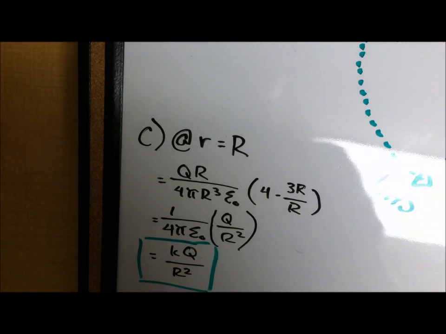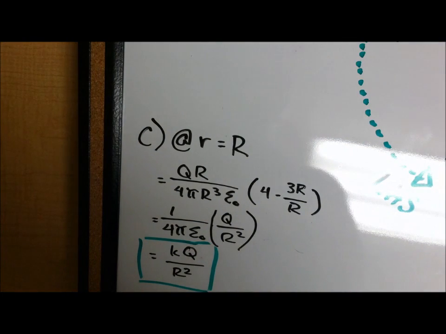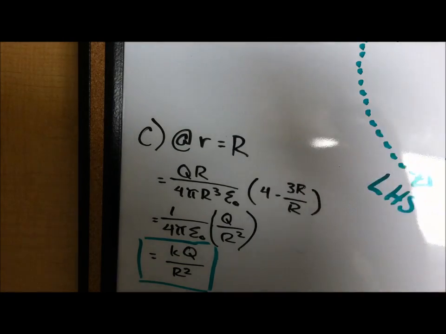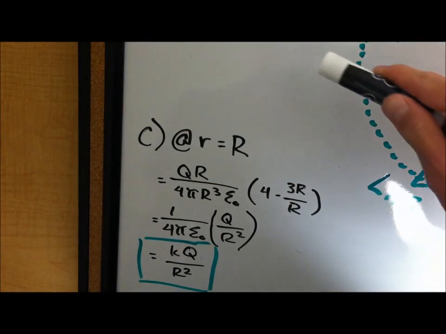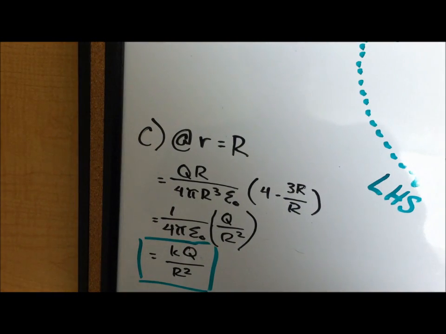So this answer is similar to kQ over R squared. Now, this tells us that all charge Q is inside of R, and this equation, as you may recall, is that of a point charge. So it makes perfect sense for the sphere. That's the best Gaussian surface for us to use around a point charge. And yeah, that's it for number 58 of chapter 28.